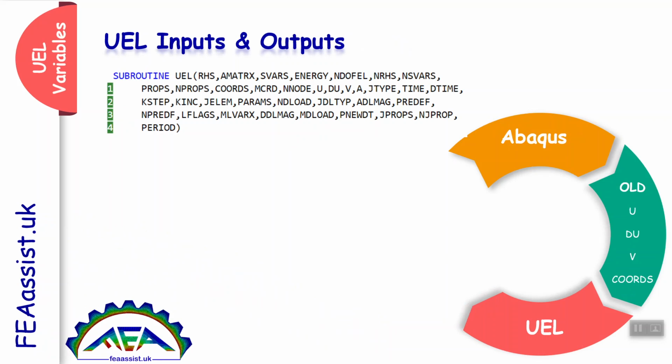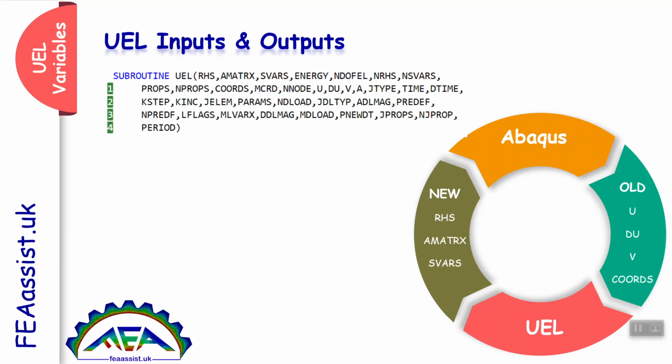We need to get these variables and define the interpolation matrix, interpolation function, and the element's force matrix, variables, and return these new variables back to Abaqus. Again, Abaqus gets these variables and computes the U, du, v curves. This is how Abaqus and UEL interact with each other, which is necessary to understand well to write well-working UEL subroutines.